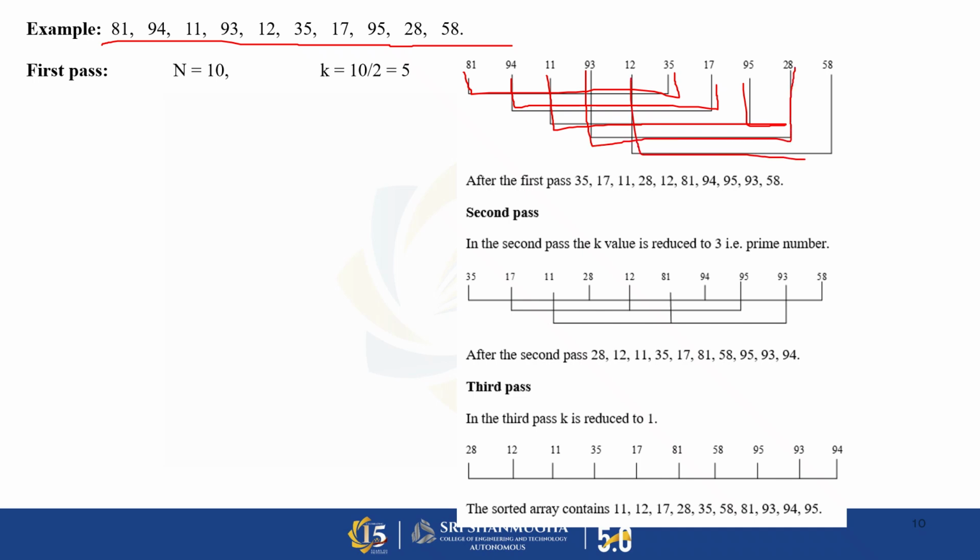After the first pass, the numbers are rearranged in this manner. Then the second pass, we have one set of numbers, and in the third pass also one set of numbers. So this is the sorted array. Finally, we have the sorted result here.